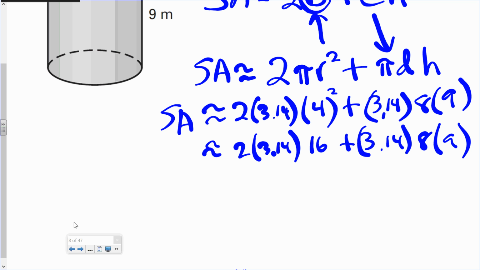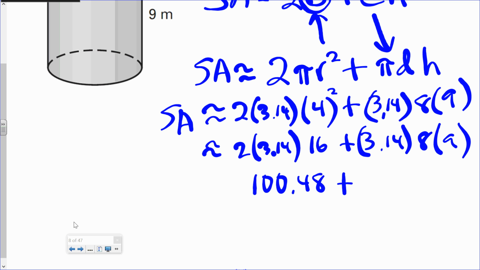Watch this. 2 times 3.14 is 6.28 times 16. Now I'm going to just type this in my calculator. 6.28 times 16 becomes 100.48. Write that down with me.